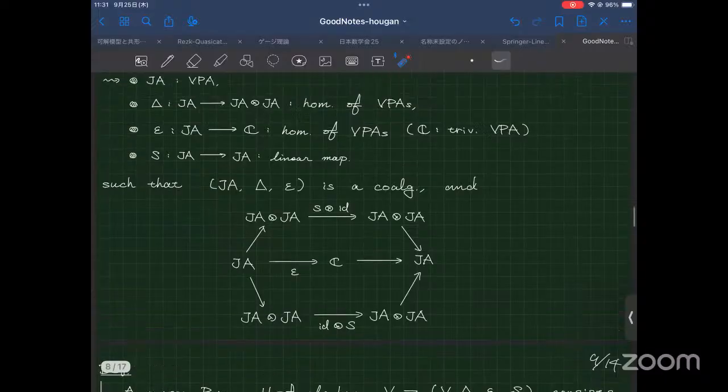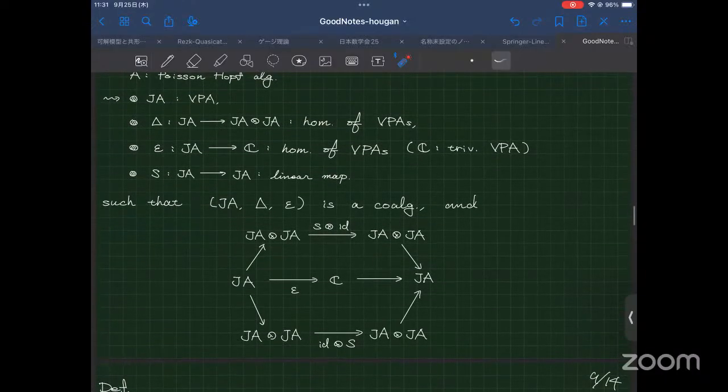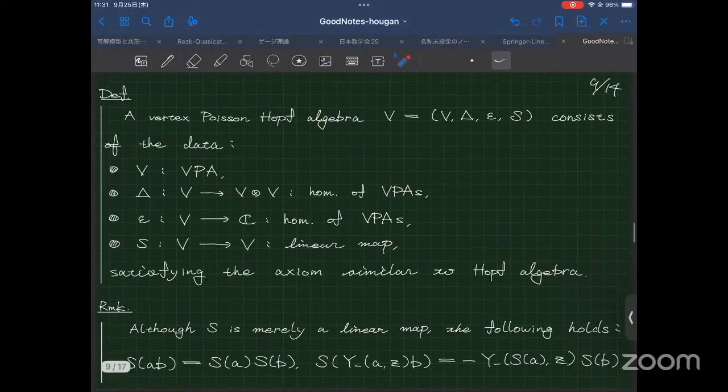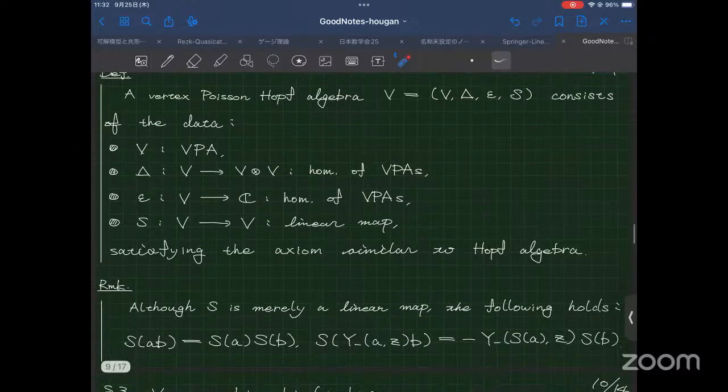So this discussion leads us to a vertex Poisson Hopf algebra. A vertex Poisson Hopf algebra consists of the data: V is a vertex Poisson algebra, the counit and the coproduct are homomorphisms of vertex Poisson algebras, and the antipode is merely a linear map. Although S is a linear map, the following identity holds.